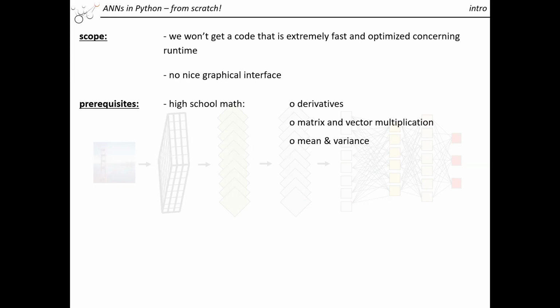Then we only need basic linear algebra, like the dot product, so how we multiply two vectors or two matrices, and also mean and variance. And you only need very basic knowledge in Python. And even if you haven't worked with Python yet, if you, for example, have worked with MATLAB or Octave, you will see that the syntax is pretty similar. And if there's any particular difference, which you only have in Python, of course, I'm going to show you that and discuss this a bit.